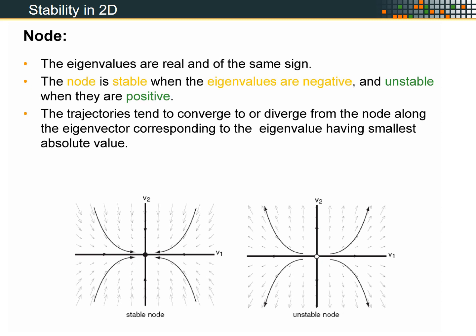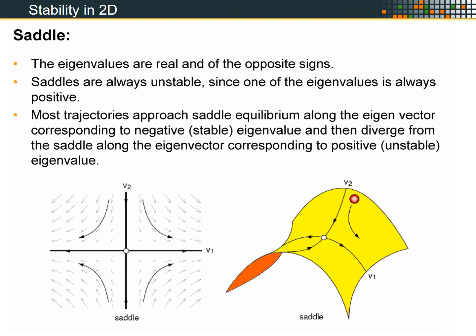And if they are positive, it's unstable. If we have a saddle node, one of the two is attractive and one of the two is repelling, which means one of the two eigenvalues is positive and one is negative.